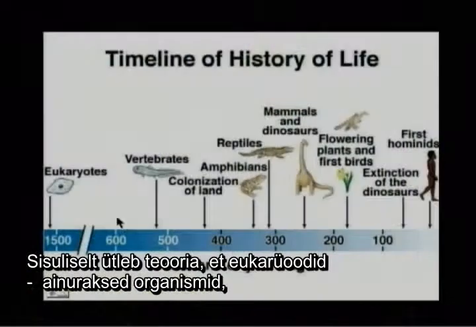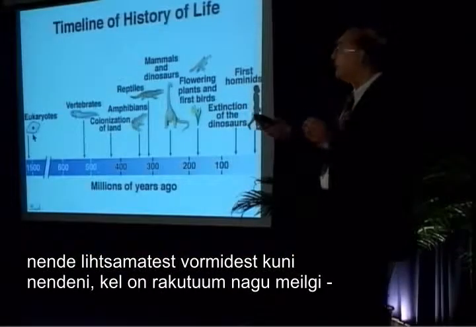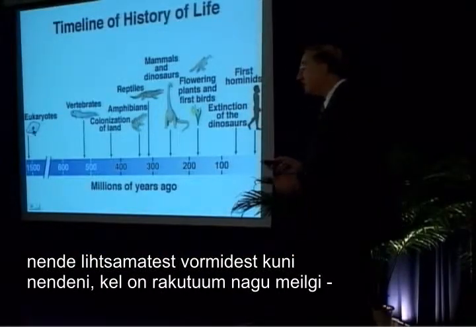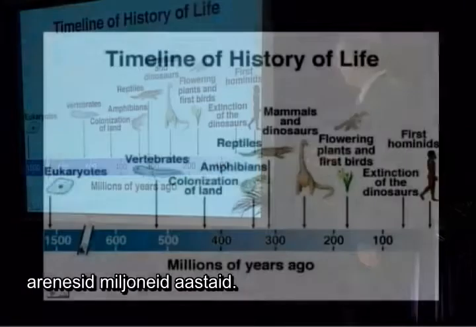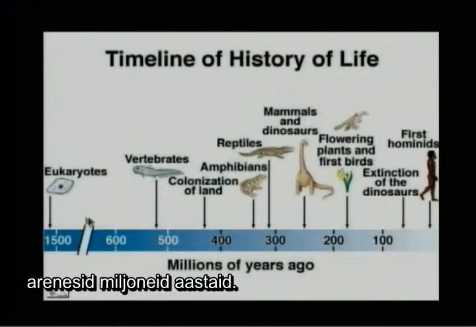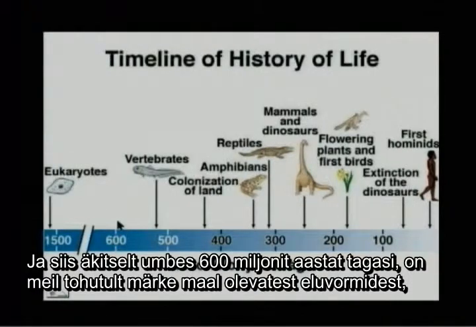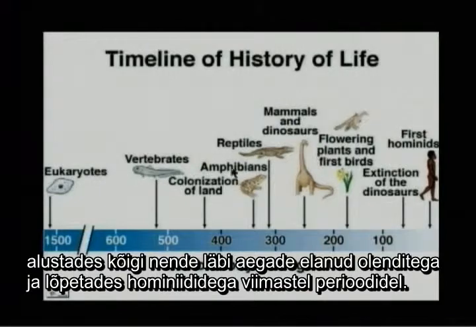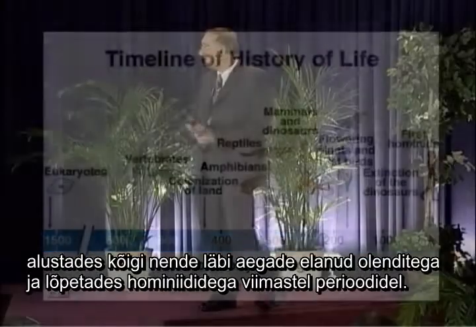Basically, the theory goes that the eukaryotes, that's the unicellular organisms, from the simpler ones to the ones that have a nucleus like we have, evolved over millions of years, and then from some 600 million years ago, suddenly we have this tremendous record of life on Earth, starting with all these creatures through time until we get to the hominids in the later periods of this development.